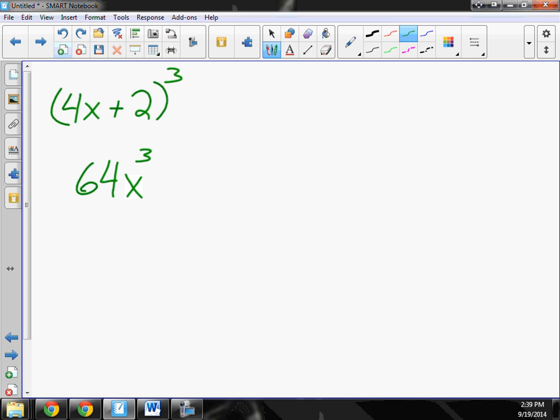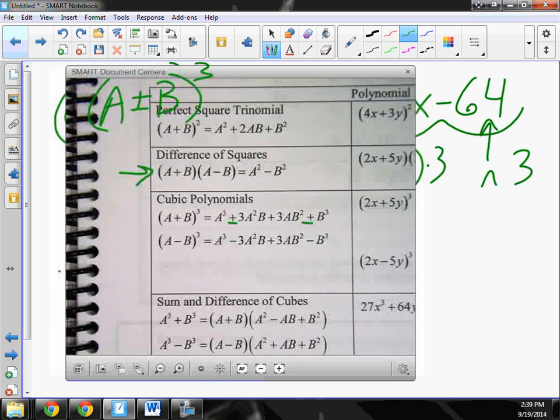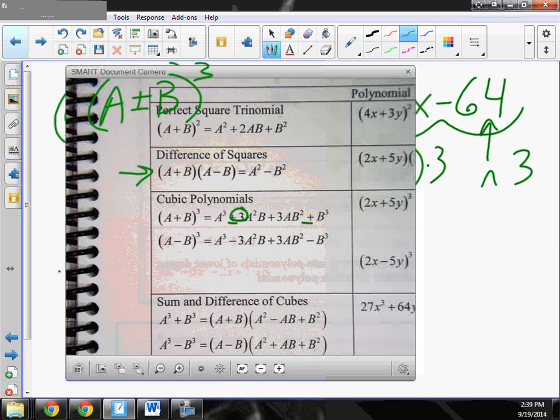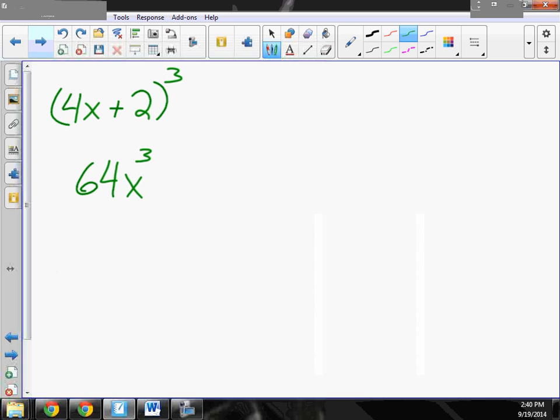So a squared is 16. x squared times 2 is 48 times, so it's a squared times b times 3. So 16 times 2 times 3 is 96?